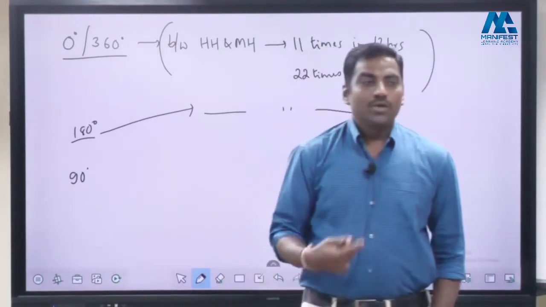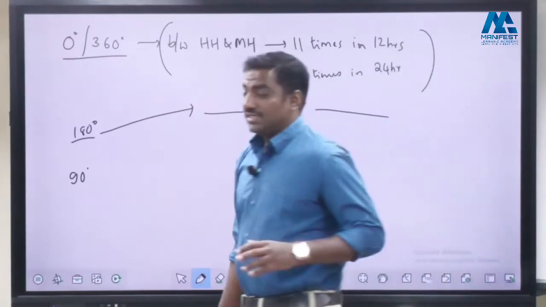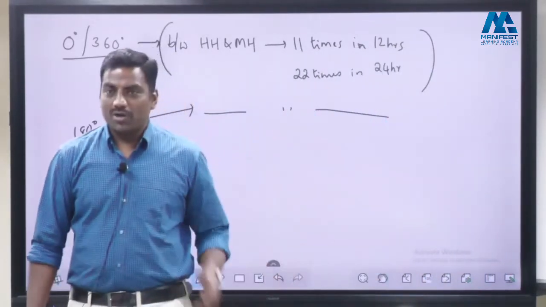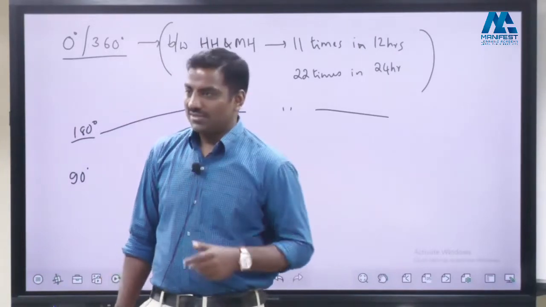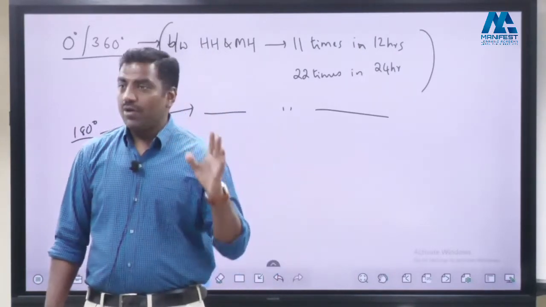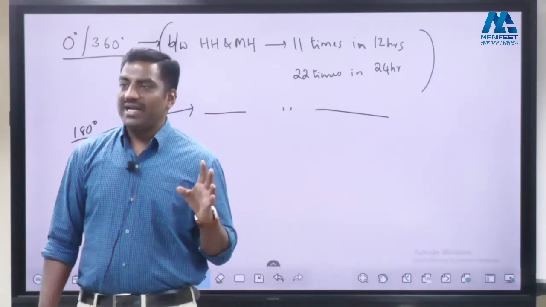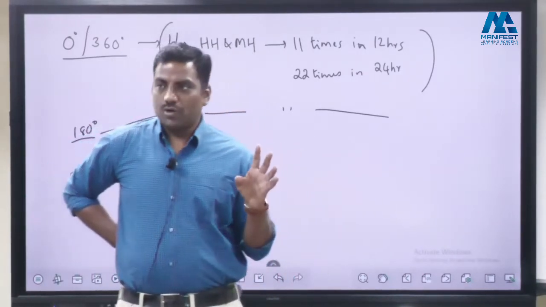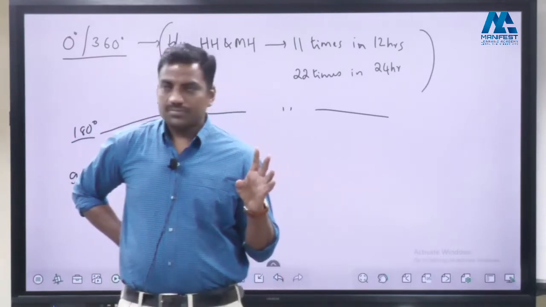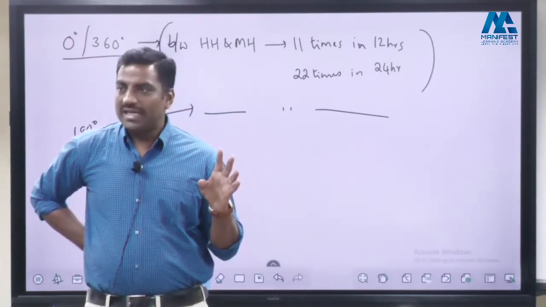So if I do the exercise now, just try to imagine. I don't want to show by clock because I want you to imagine. After 3 o'clock, where will they have 90 degrees?